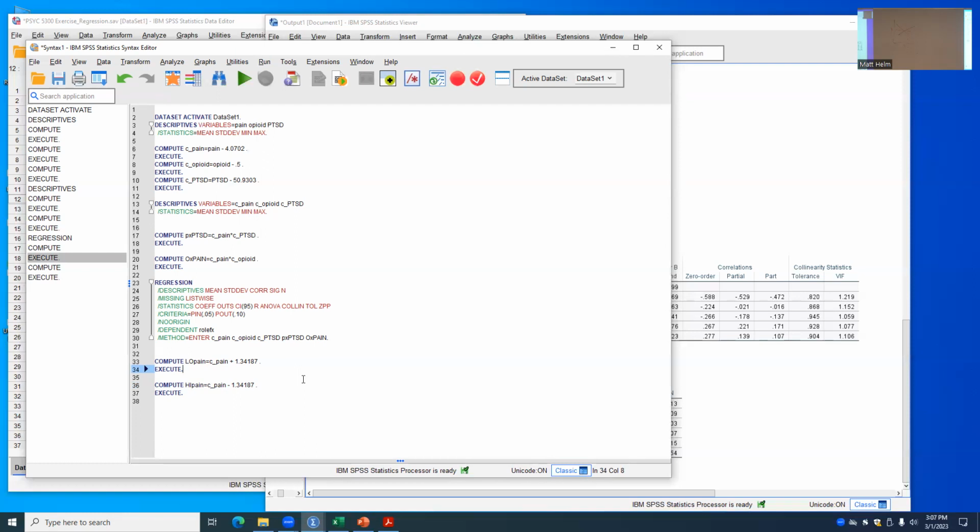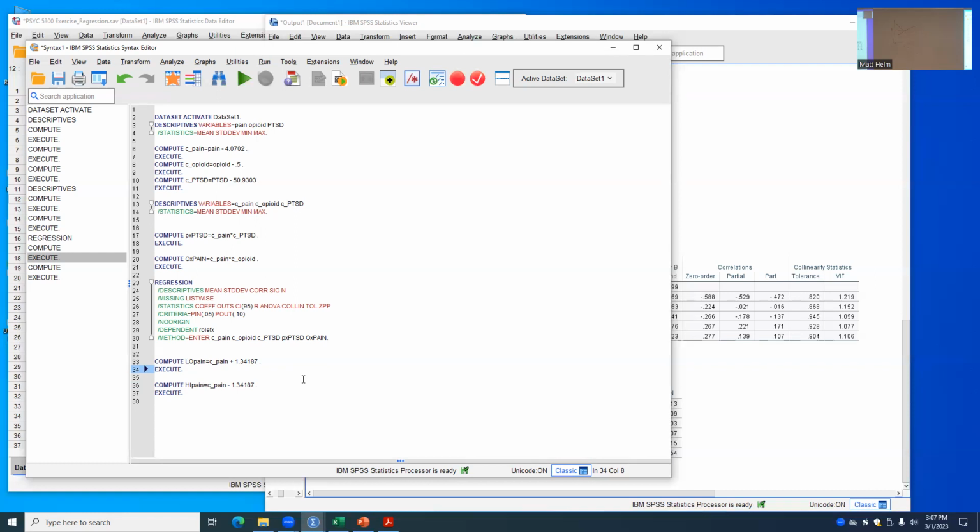Because remember, my zero is my mean, and if I add 1.34 to everything, now all of a sudden, what is my mean value for this variable? My mean value is now 1.34, right? So where does zero fall relative to that? A standard deviation below.